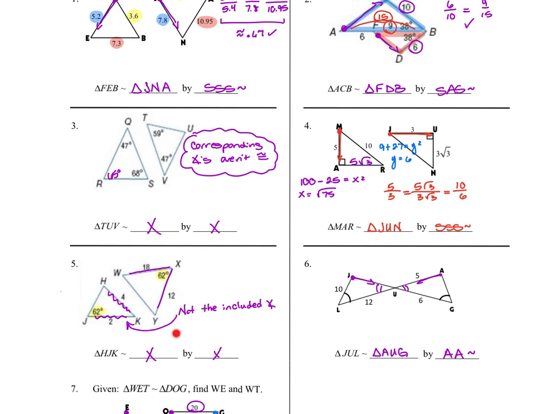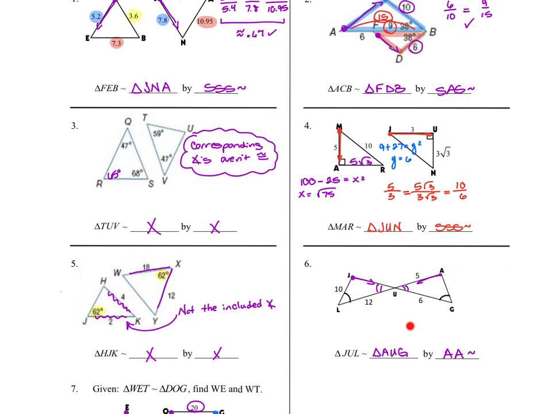We don't have enough information to do angle, angle. We don't have enough information to do side, side, side. And so therefore there is no similarity statement and no similarity theorem that we can use to prove that these two triangles are similar.